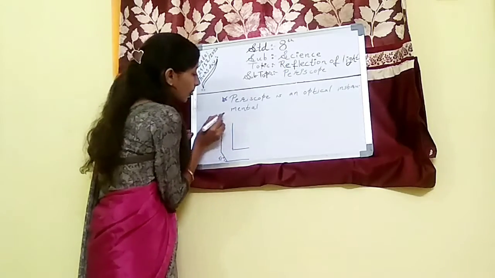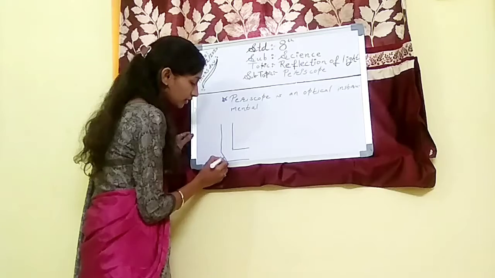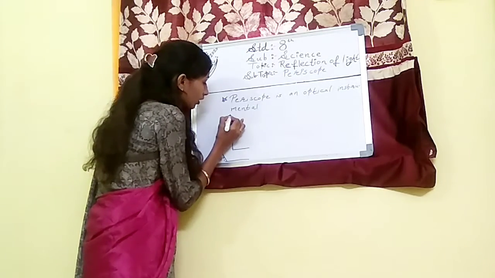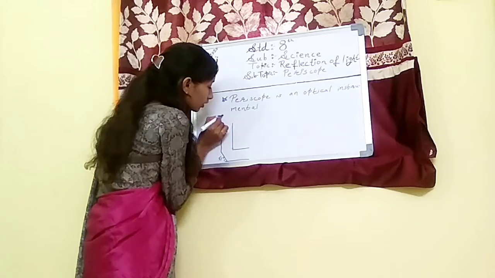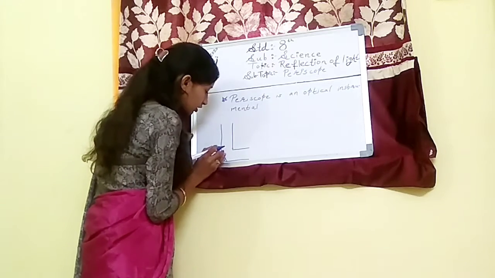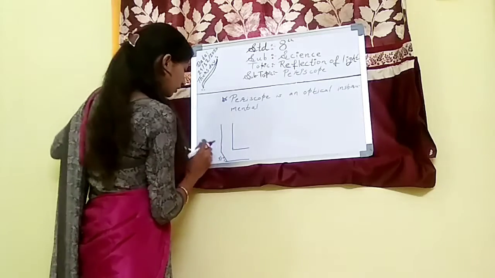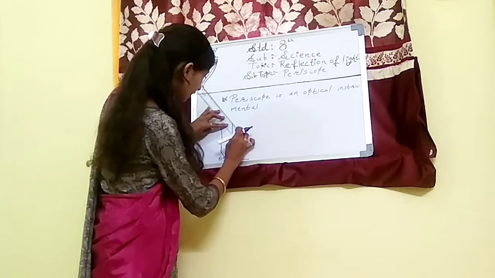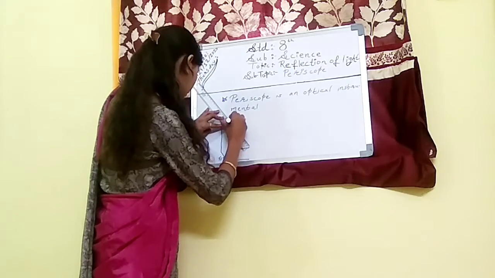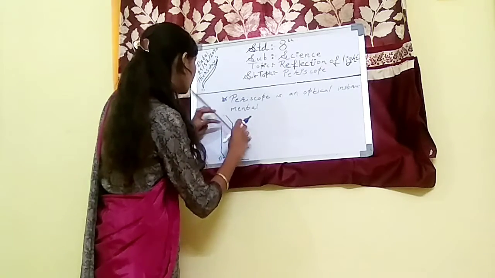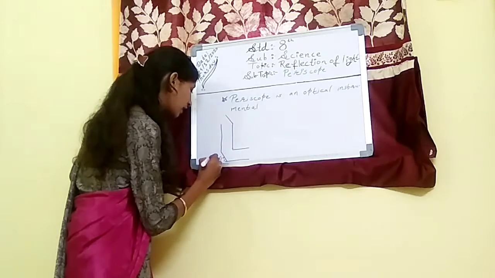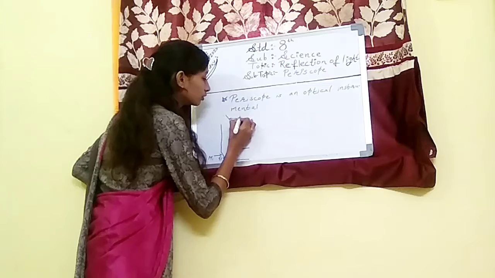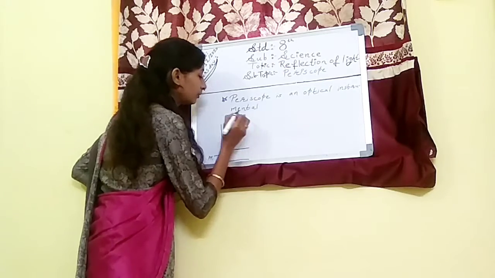Here mirror 1 is there, here mirror number 2, and this must be parallel with this. This is mirror 1, we will name it M1, and this is mirror 2, that is M2.